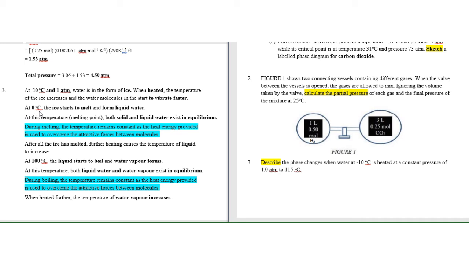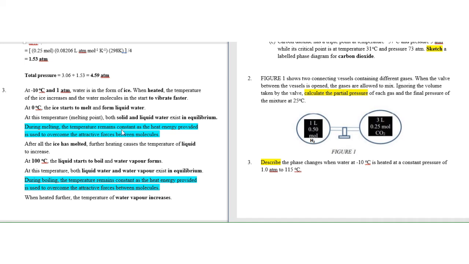At 0 degrees Celsius, the ice starts to melt and form liquid. But before it forms liquid, both solid and liquid water exist in equilibrium. During melting, the temperature remains constant as the heat energy provided is used to overcome the attractive forces between molecules.